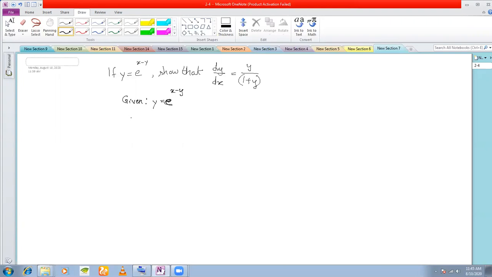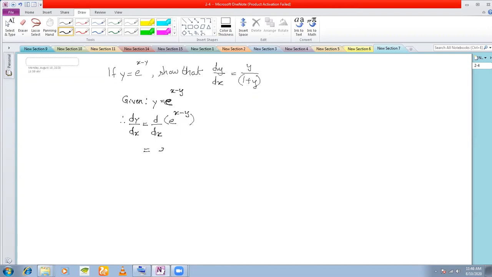Suppose I differentiate directly. So therefore dy/dx is equal to d/dx of e to the power of x minus y.